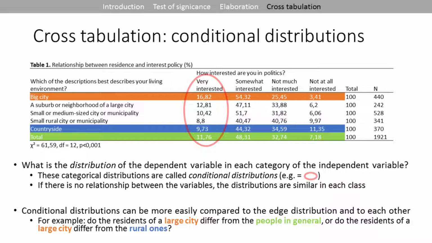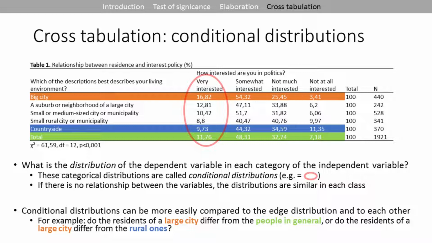For example, here, do residents of a large city differ from the people in general, or do the residents of a large city differ from the rural ones? You can just go through these by shifting your eyes along the colored areas and see per column how they differ from each other.